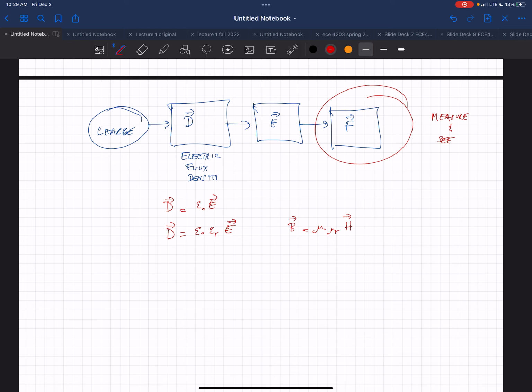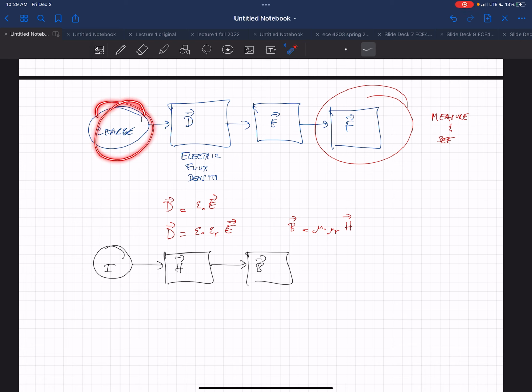So similar to this, basically a current gives rise to this H field. These are the correspondences between flux densities and fields for electricity and magnetism.